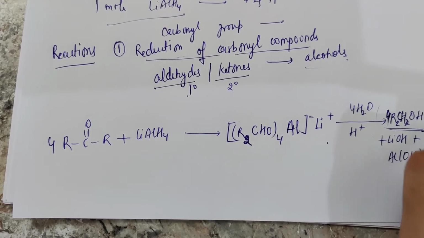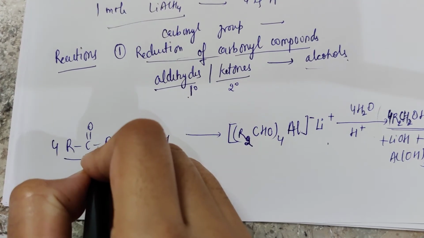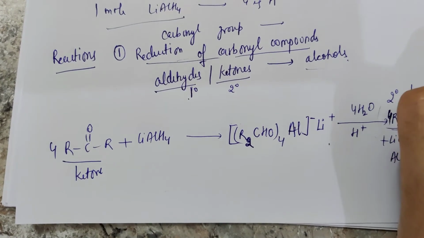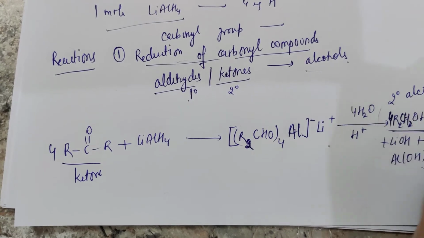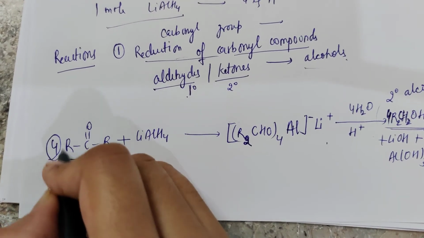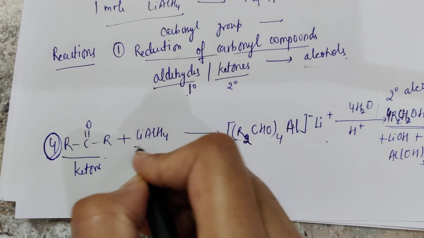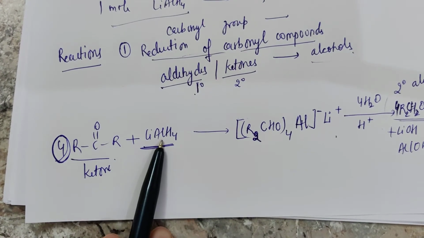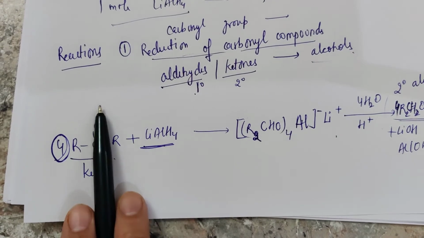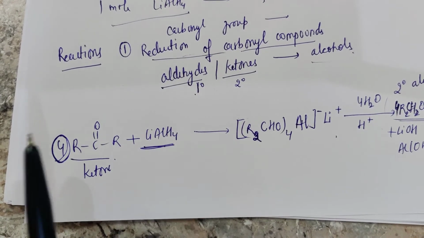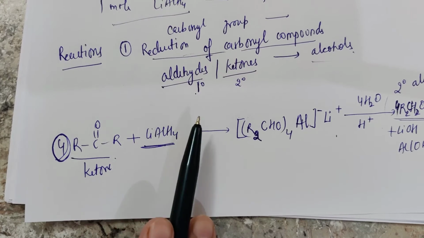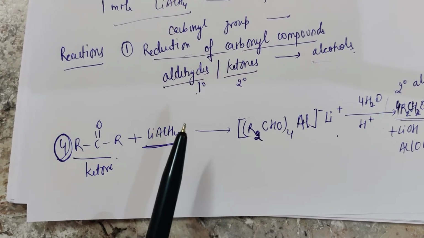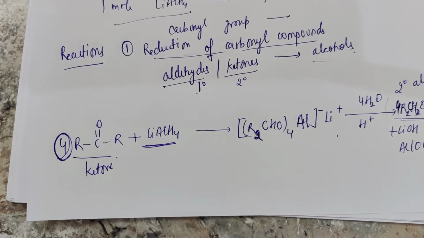This is a secondary alcohol since we were taking ketone. Ketone gives us secondary alcohol. Also, there were 4 equivalents of ketone while only 1 equivalent of lithium aluminium hydride. So the statement that I just said before these reactions, that 1 mole of lithium aluminium hydride could reduce 4 moles of carbonyl compound. Okay.